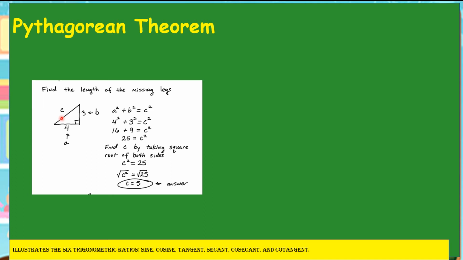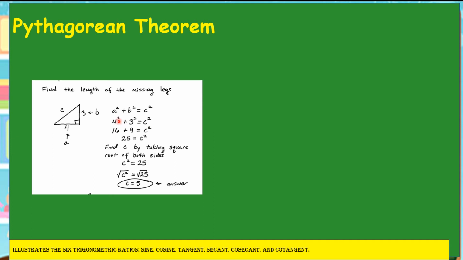Using the Pythagorean theorem, we substitute into the formula a squared plus b squared equals c squared, and find the value of c.